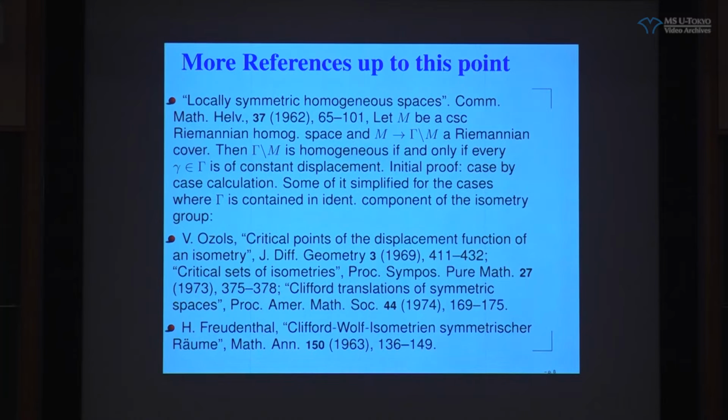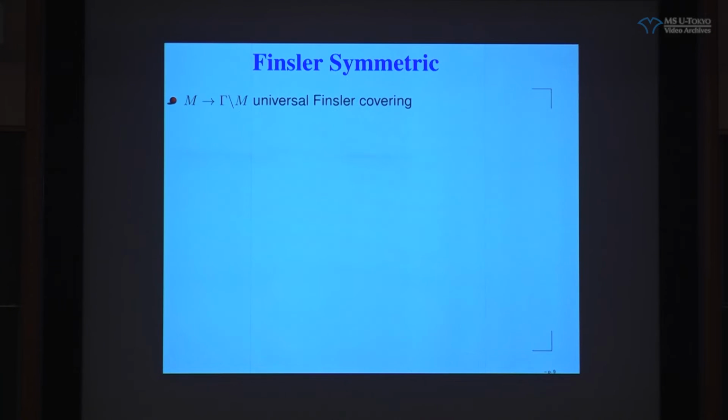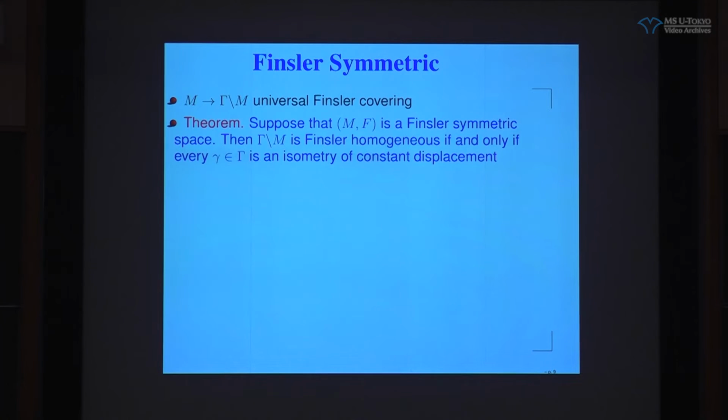Well, incidentally, I should mention that this also works for Finsler symmetric spaces. So if you have a Finsler symmetric space, again, the quotient is Finsler homogeneous if and only if every element of the deck transformation group is constant displacement.